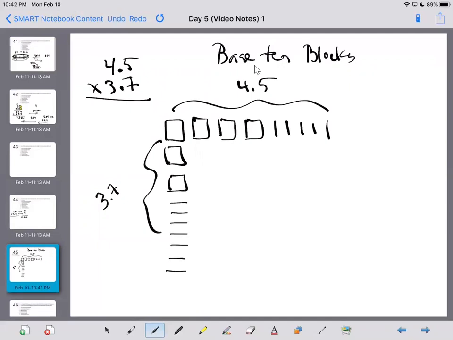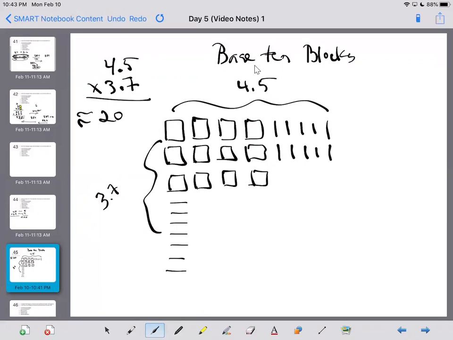And then again, we're just going to fill in with the flats. We said this answer was somewhere around 20 or less than 20. Well, I'm already seeing 12 here with the flats. So I'm just going to continue to fill in.